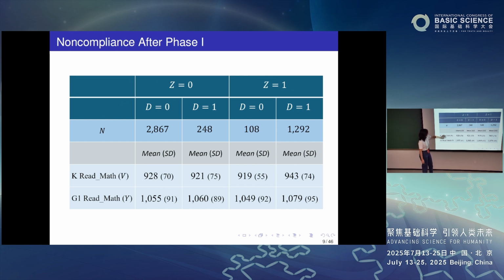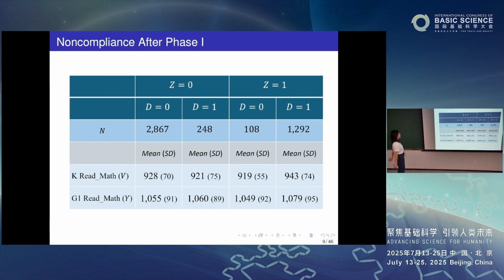Therefore, this is a variable that may have an impact on D and on Y. And the class size may also have an impact on this variable. On average, the students who were assigned to the small class are associated with a higher score at the end of the kindergarten year. So this is a variable affected by Z and also potentially affecting D and Y.